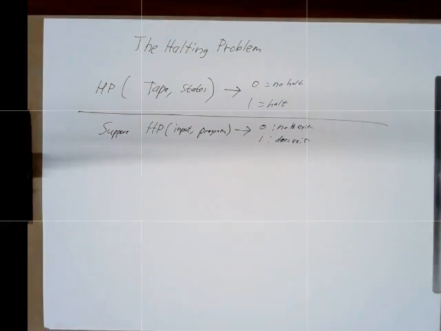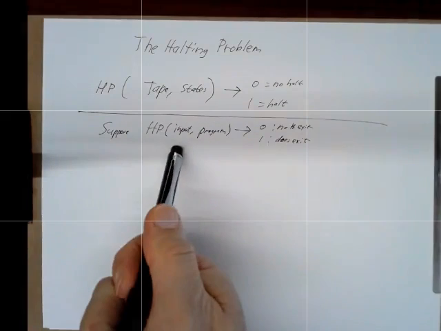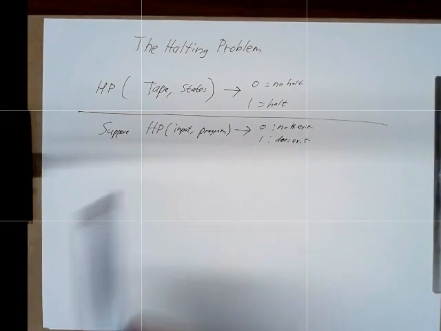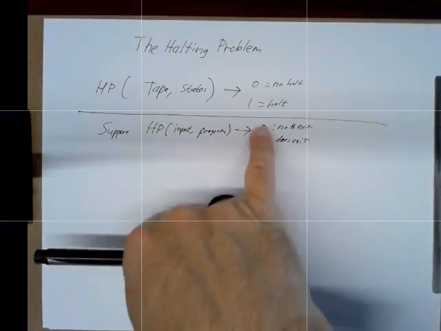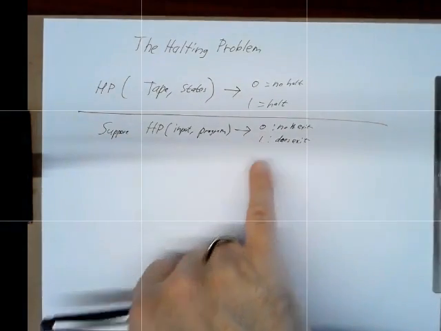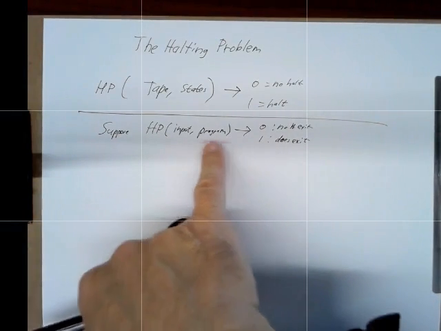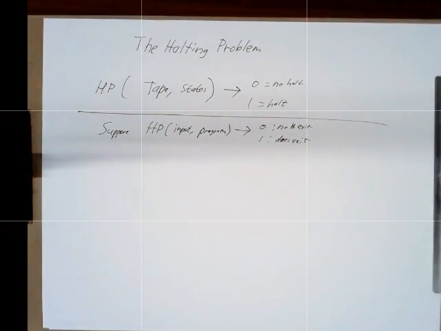So you come to me and you say, hey, I solved the halting problem. Here's my function, HP, halting problem. And if you call this function with any set of input and the source code for a program written in C, it will run, and eventually, in a finite amount of time, it will return either a 0 or a 1. If it returns a 0, it means this program does not exit. It loops forever. If it returns a 1, it means the program exits eventually.